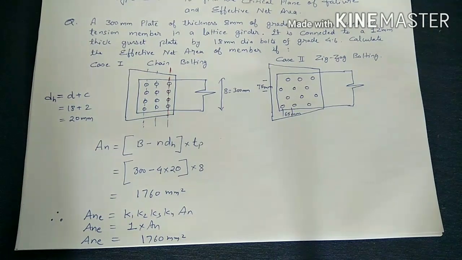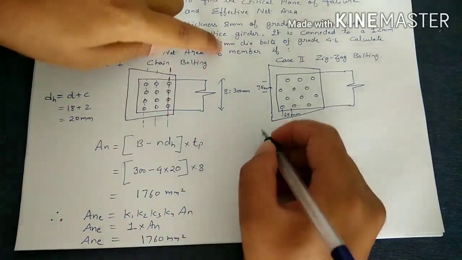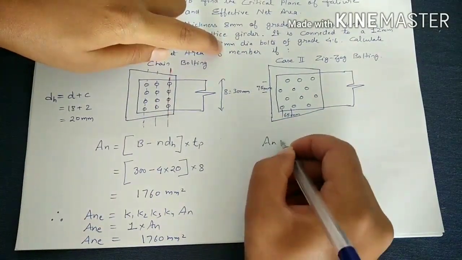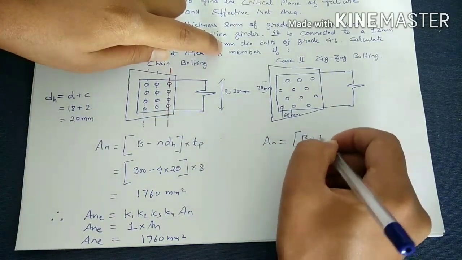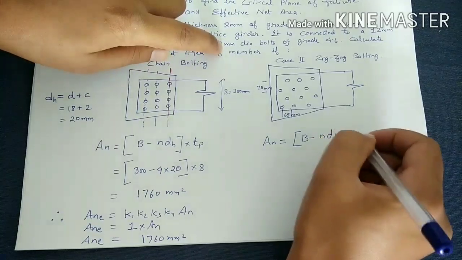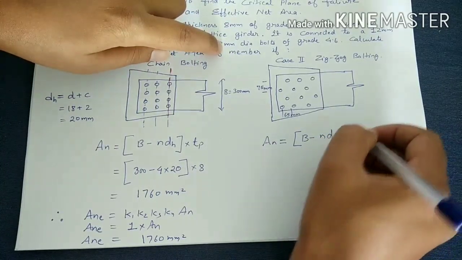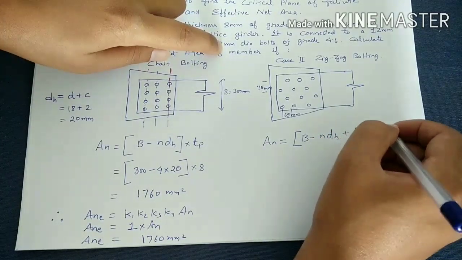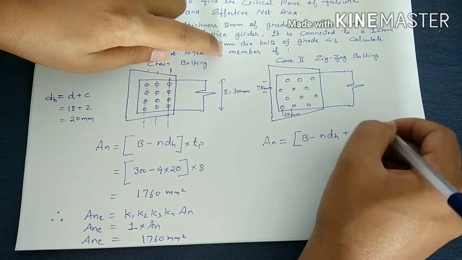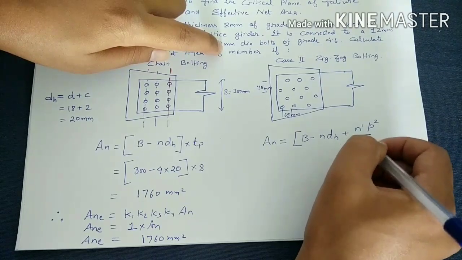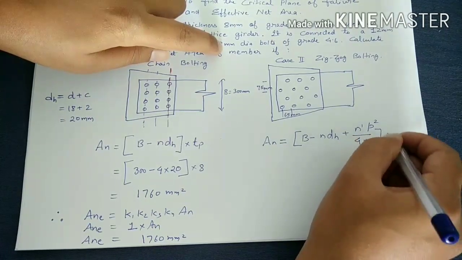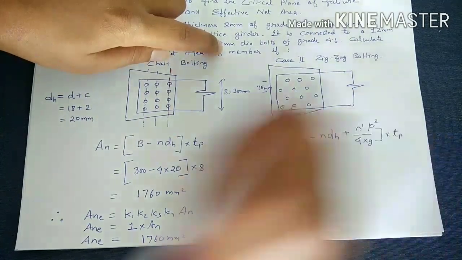On account of zigzag bolting, the formula we will use will be AN equals to B minus N DH plus N dash pitch whole square by 4 into gauge into thickness of plate.